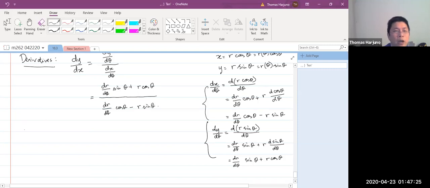Now, we will have a horizontal tangent line if dy/dθ equals 0, but the denominator dx/dθ is not. A vertical tangent line if dx/dθ equals 0, but dy/dθ is not.